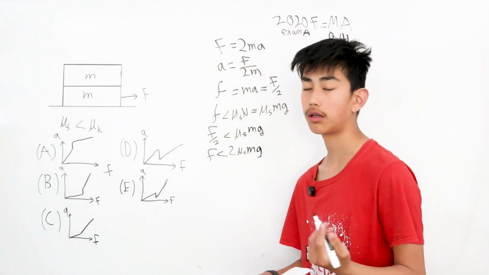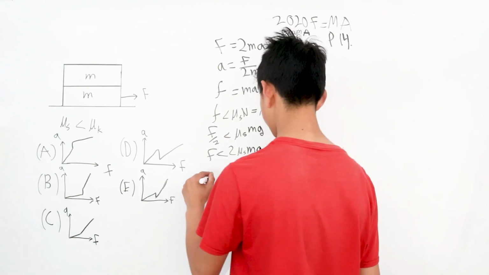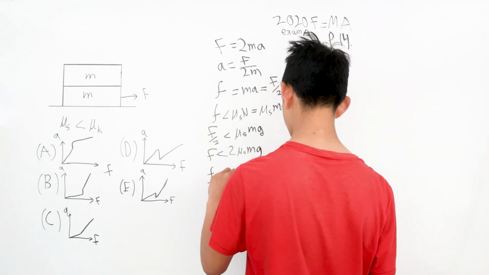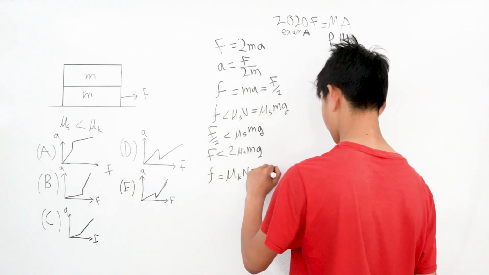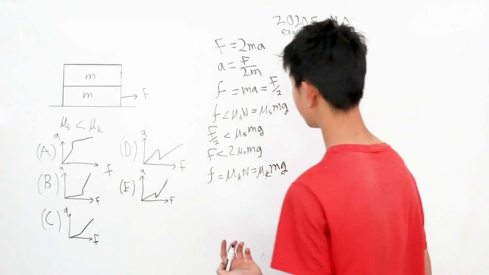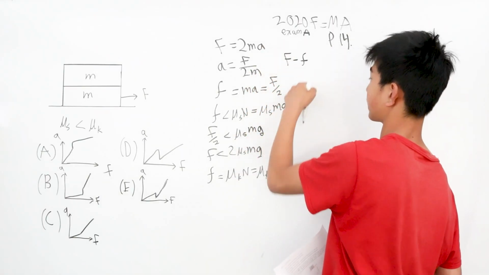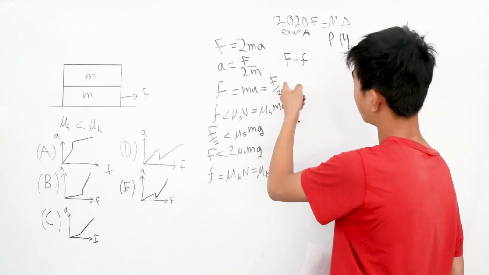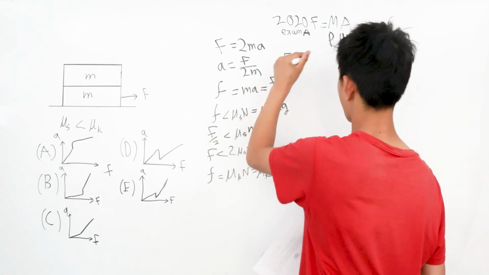Now we want to talk about the kinetic coefficient. For friction, this is equal to mu of K N, or mu of K mg. Thus, force minus friction yields ma.